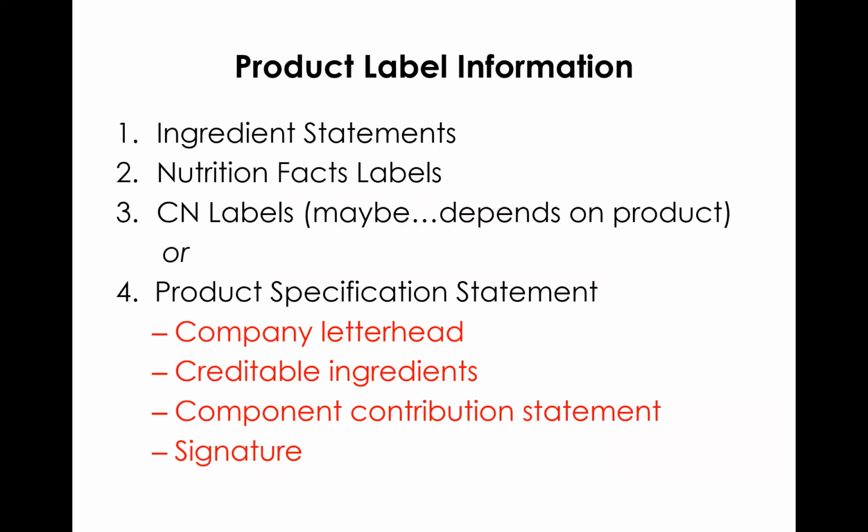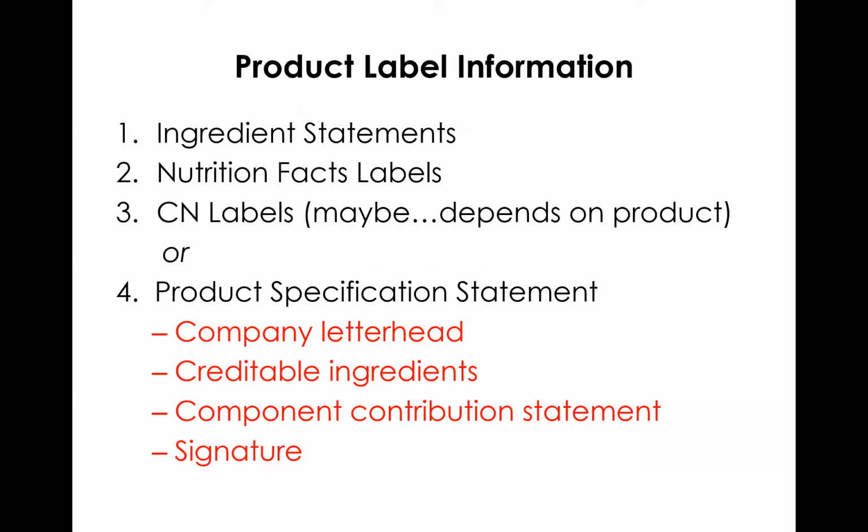So for product label information, we're looking for the ingredient statement and the nutrition facts label, and if the item is CN labeled, we need that information. You need it because you need to know how the product contributes to meeting meal pattern, especially for your prepared entrees, perhaps your grain items.